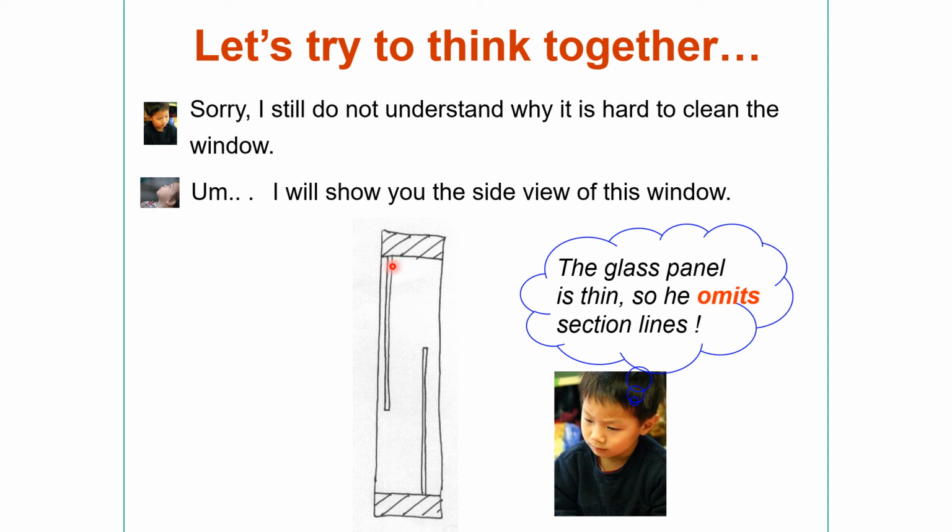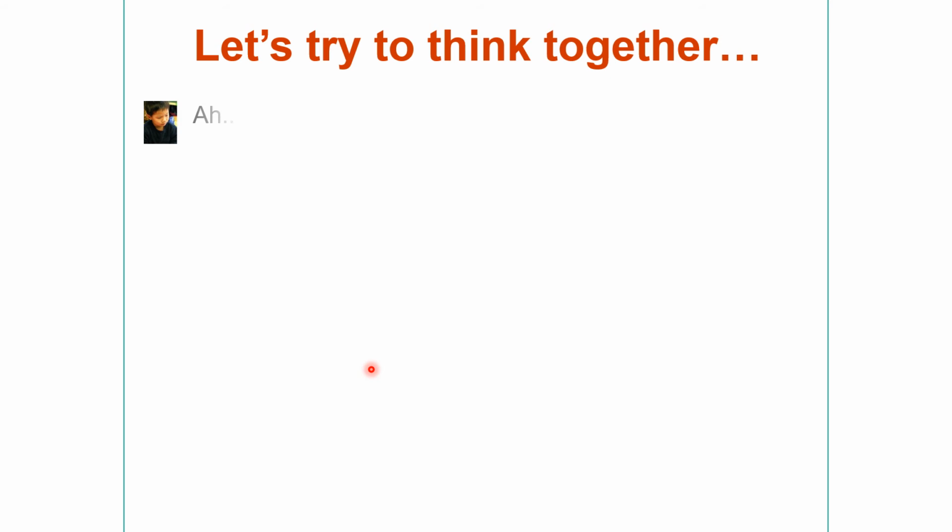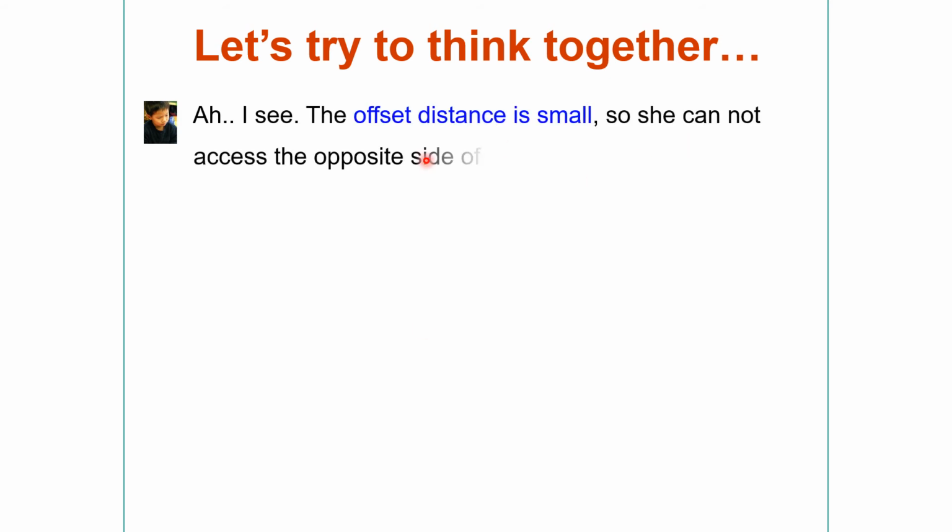When the cutting is done, the section of the glass is too thin, so no section line is shown. But this person understands that it is difficult to clean the outer side. I see. The offset distance is small, so she cannot access the opposite side of the window in the overlap zone.